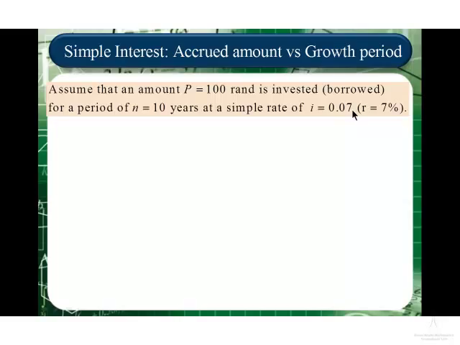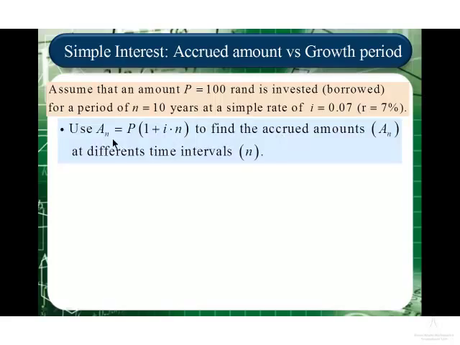Now, of course, this agrees with the interest rate R equal to 7%. And let's make the interest period 1 year. So we have 10 interest periods to consider and a principal amount of 100 Rand.